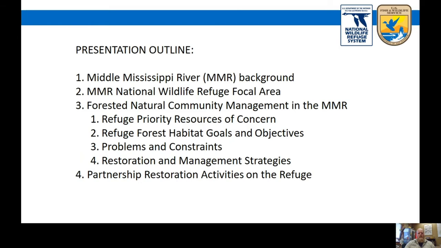The general outline of what we're going to talk about tonight is a background on the Middle Mississippi River, an intro on the refuge focal area, a little bit about the natural community management in the Middle Mississippi River National Wildlife Refuge, and specifically priority resources of concern that the refuge has identified, refuge forest habitat goals and objectives, problems and constraints associated with those goals and objectives in forest management, and an intro to our restoration and management strategies here on the refuge.